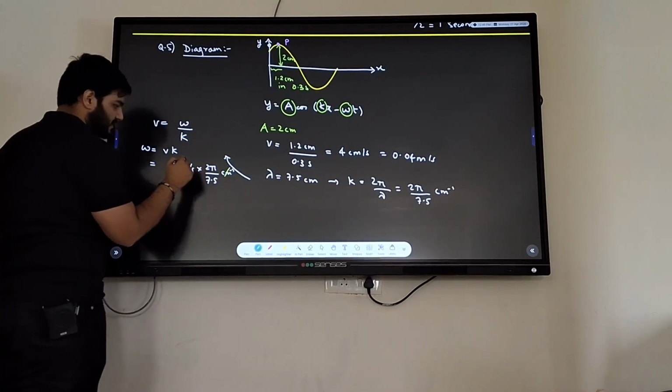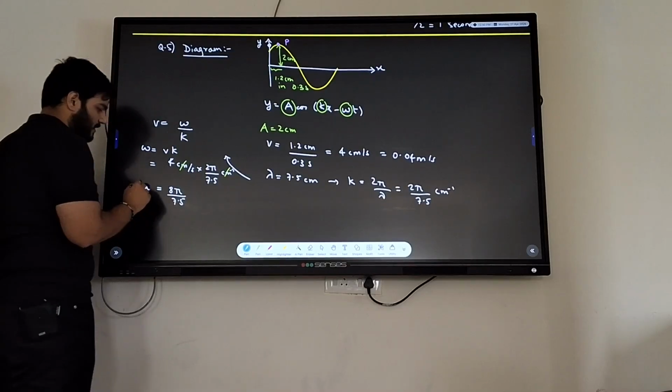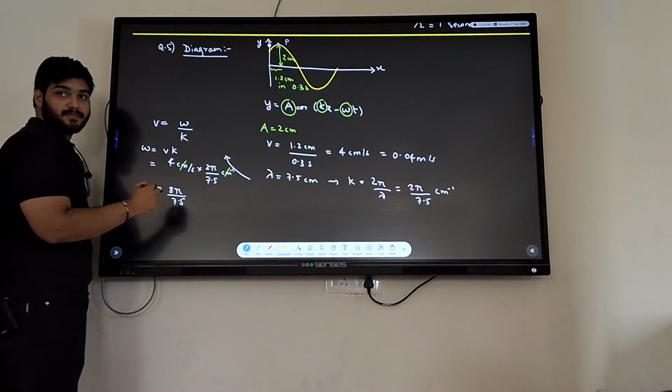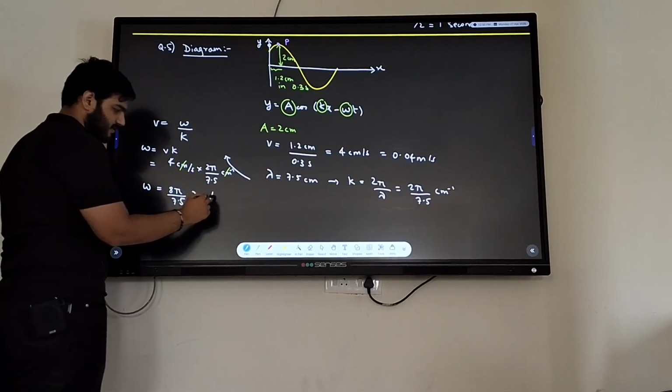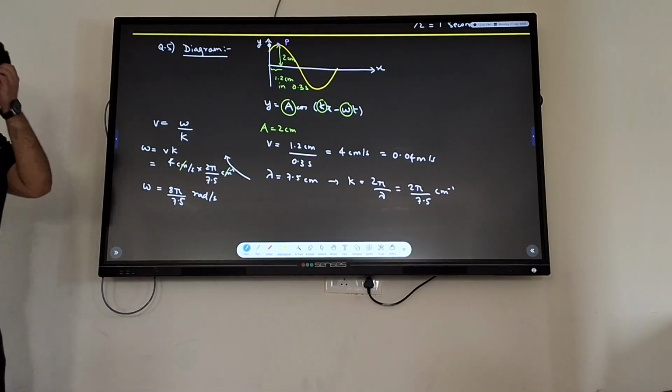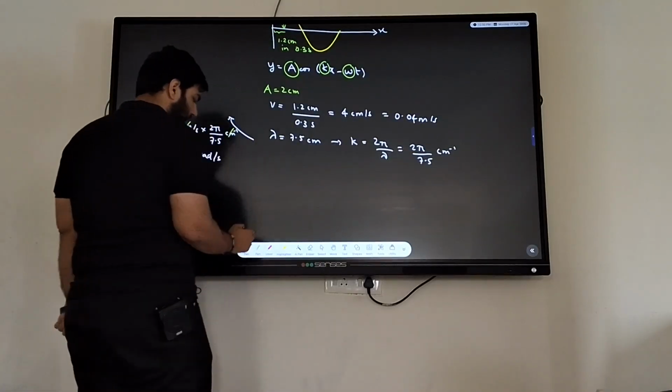So this cancels and you get 8 pi divided by 7.5. The units of omega are radians per second. Yes, then you are done with the wave.